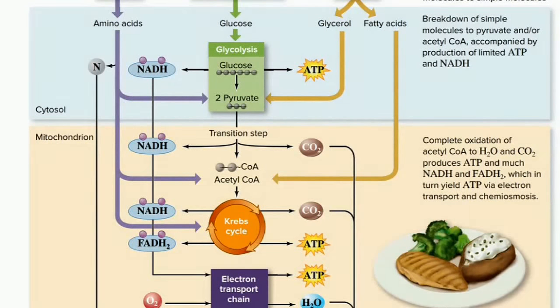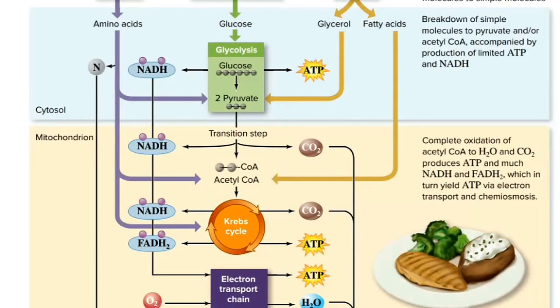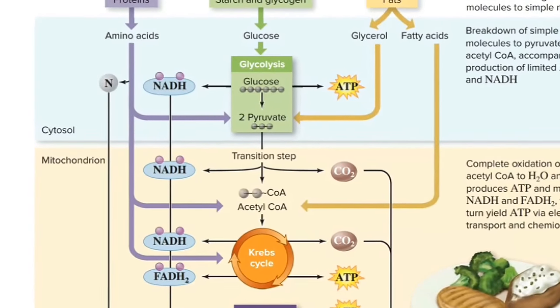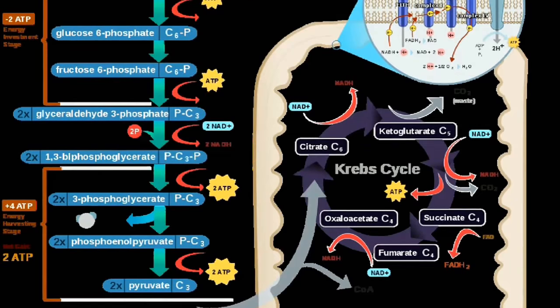So the first step is called glycolysis. Glucose is converted into the 2 pyruvic acid molecules. And then this pyruvic acid enters into the mitochondria. In that mitochondria, it undergoes Krebs cycle. So inside mitochondria means it is aerobic respiration. In presence of oxygen only it takes place.